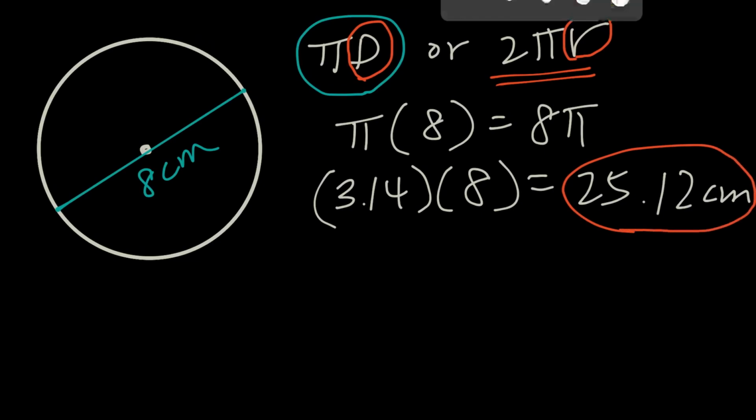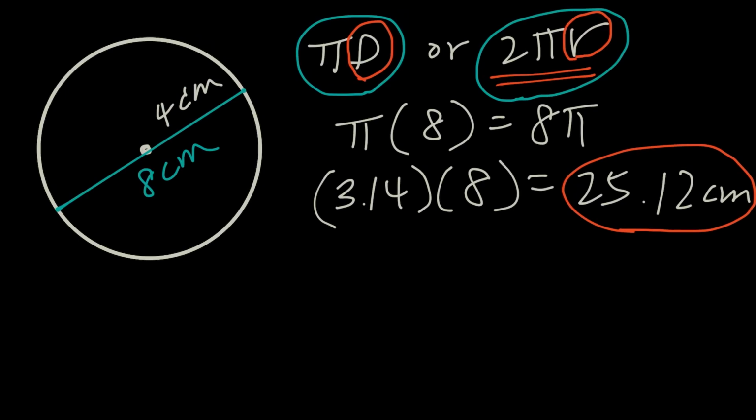Now, if you want to use the other equation, which is 2 pi r, then you would need to first divide the diameter by 2 to get the radius. By dividing 8 by 2, we have 4 cm as the radius.